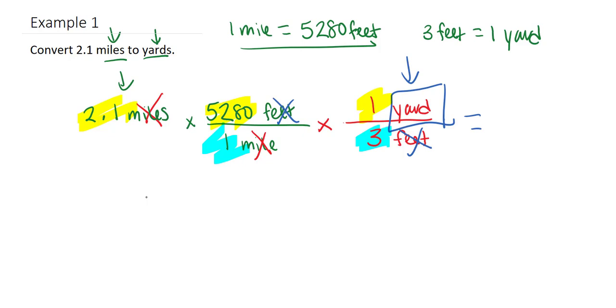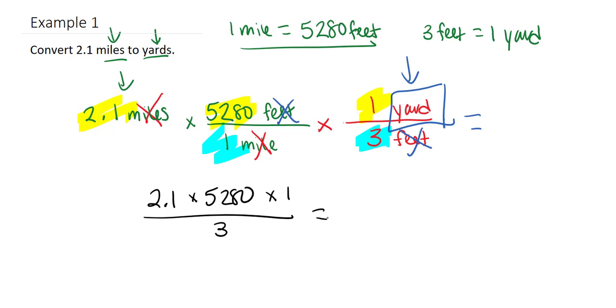So let's rewrite this. We have 2.1 times 5,280 times 1, and 1 times 3 is 3. This will be our answer.